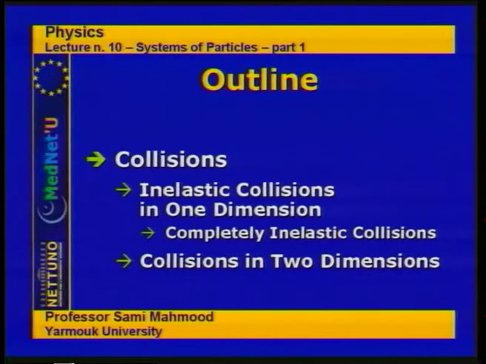We will finally discuss the collisions between two particles in more than one dimension, and specifically we will consider collisions in a plane in 2 dimensions. These are the topics that we will be discussing in the context of talking about the motion of systems of particles.